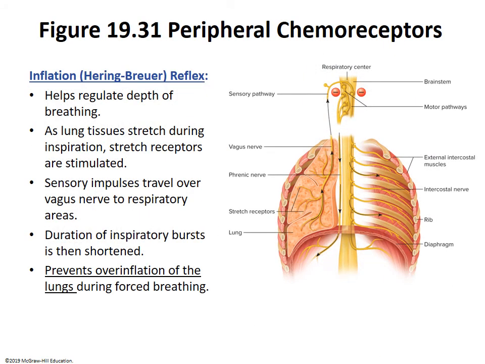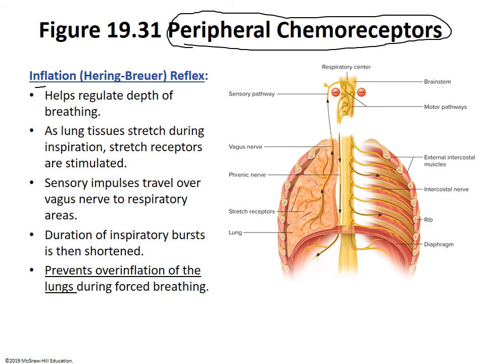And it says peripheral chemoreceptors, but this should say mechanoreceptors here, because what this is, is the inflation reflex, sometimes called the Hering-Breuer reflex. As I breathe in, there are stretch receptors that are stimulated.